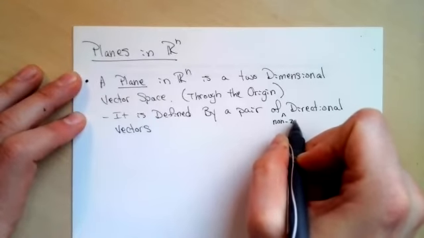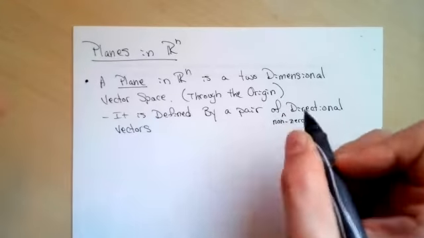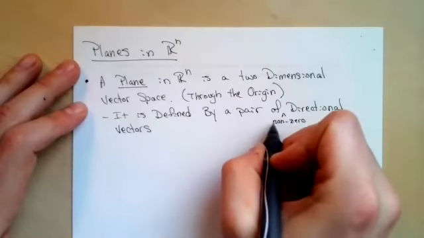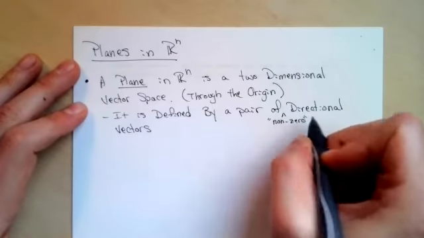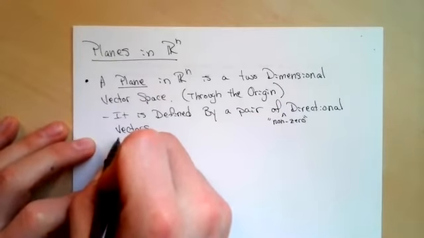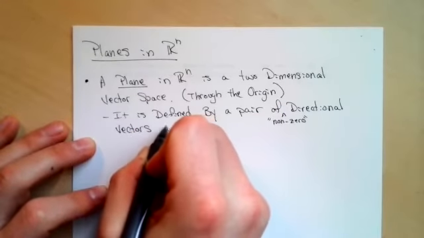I didn't specify that in the last example either, but anytime we're considering a directional vector, directional vectors are specifically non-zero. We don't really consider zero as walking in a direction of going nowhere. Pair of directional vectors, let's call them u and v.